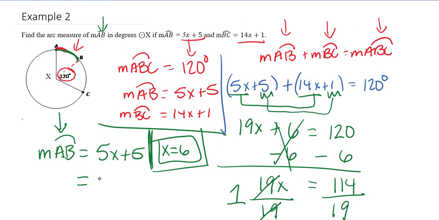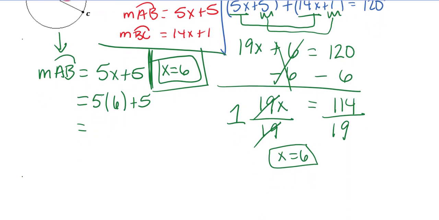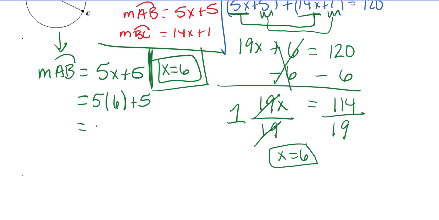We have 5 times 6 plus 5. So we go 5 times 6, which is equal to 30, because we do multiplication before addition. So we got 30, then plus 5. What do we get? We get the arc measure of AB is equal to 30 plus 5, so that's 35 degrees.